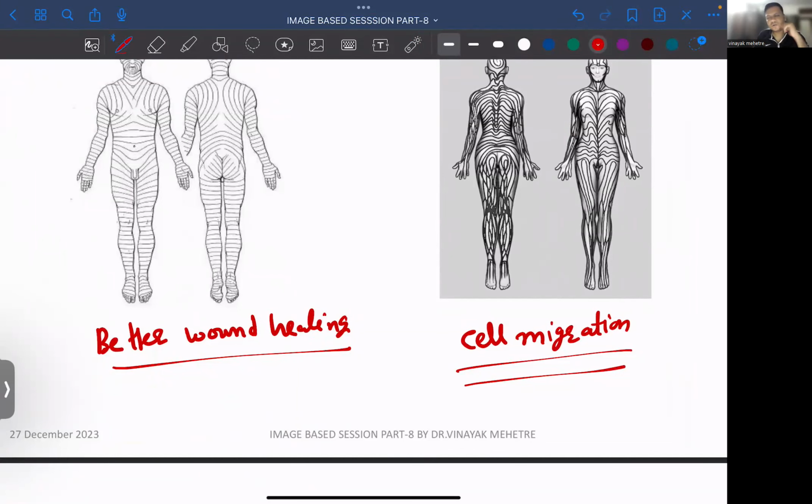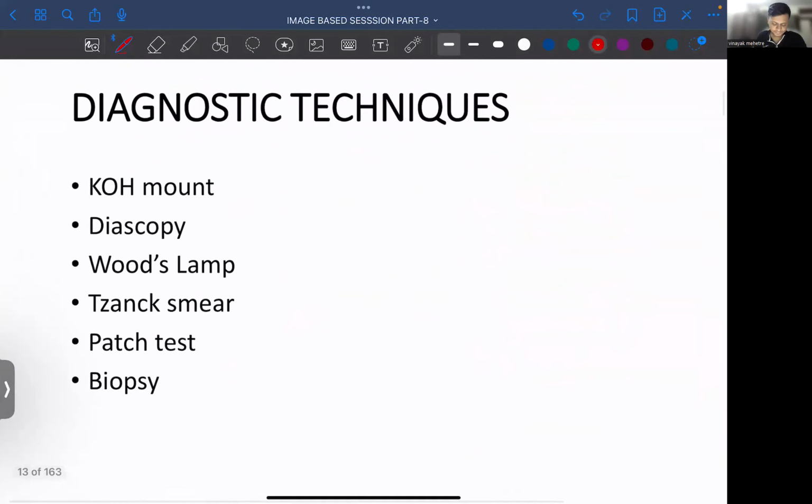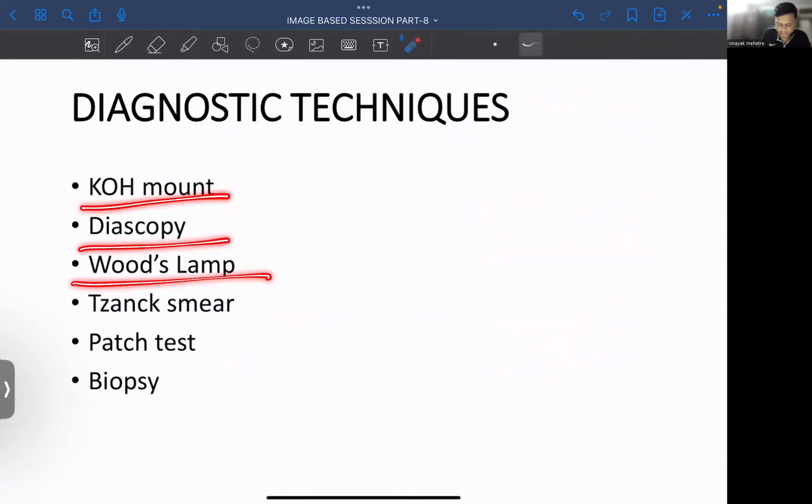Now tell me, how many types of diagnostic technique we use to diagnose a disease? Commonly used techniques in derma. General है, right? This is KOH mount, diascopy, wood slam, Tzanck smear, patch test, and biopsy.